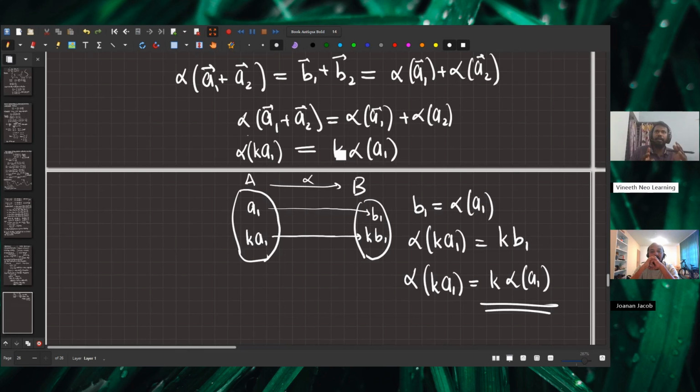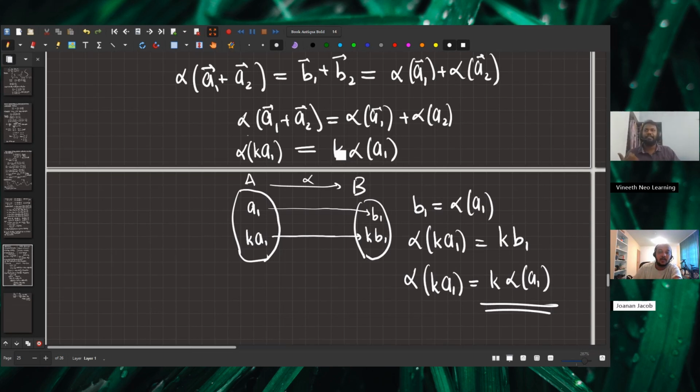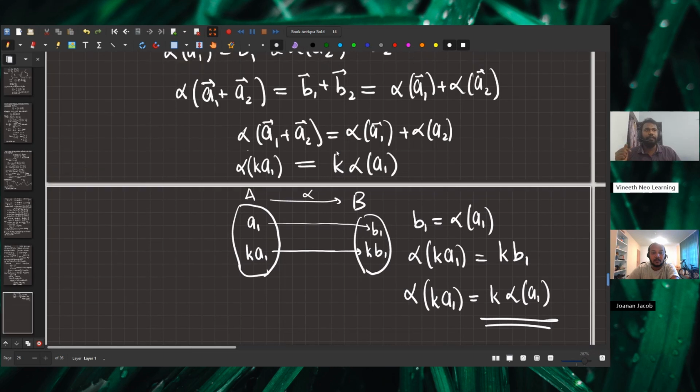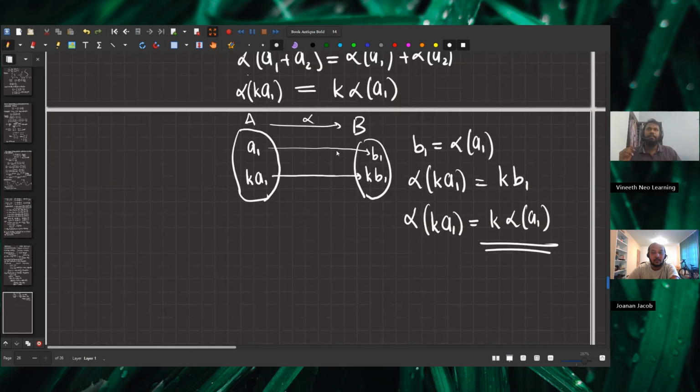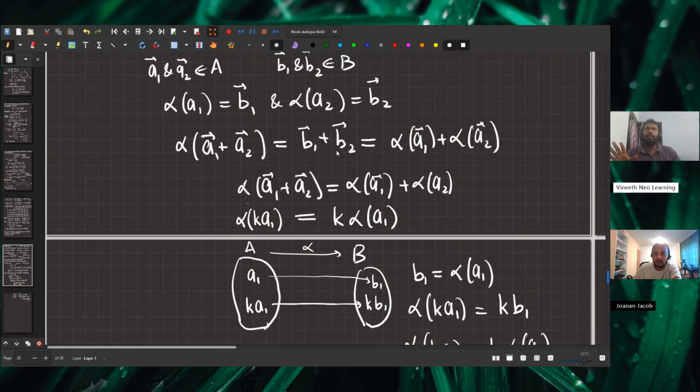Whether it is linear transformations or group homomorphisms, along with this linearity property, multiplication with a scalar means the scalar should come out. This is also called F-linearity, if K is an element of some field F. That is the idea of linear transformation here.